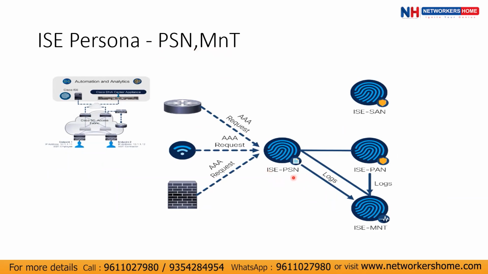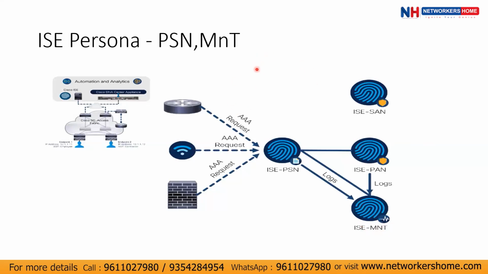PSN is your policy service node. Any AAA related requests come to the policy service node, and the monitoring and troubleshooting node, MNT, gets all the log related information, all the contextual or log related information saved on the MNT node.